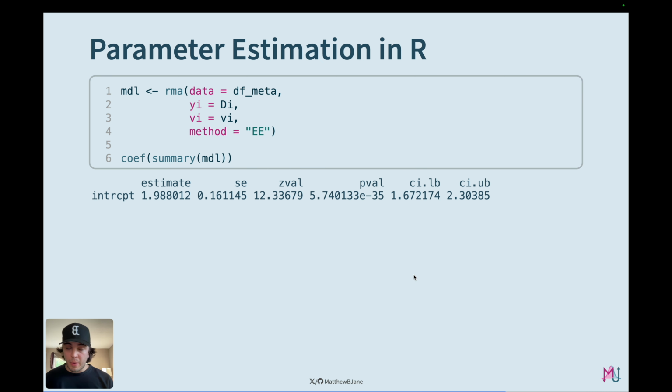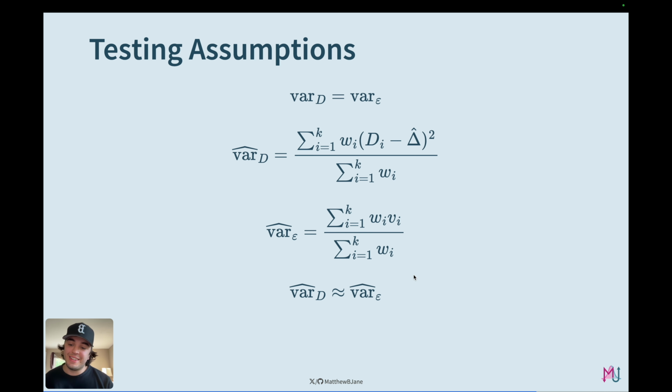So the next thing we might want to do is test the assumptions of our model. So in the equal effects model, the major assumption here is that all the variance of observed effect sizes across studies is attributable to sampling errors. So how can we test this? We're explicitly assuming that the variance in the observed effect size equals the variance in sampling errors, right?